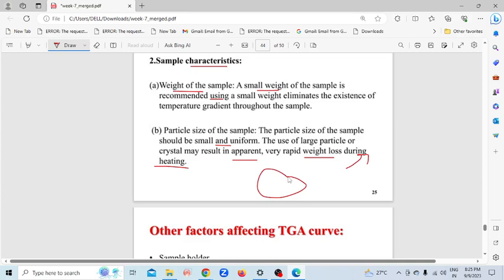If it is a chunk of your sample and some gases are there, and if you heat it, then these gases will be removed from the sample, which are trapped in the sample. So if these gases are removed, suddenly the weight loss will occur, but it does not occur due to the chemical reaction or whatever you are going to study. So it will give a wrong result.